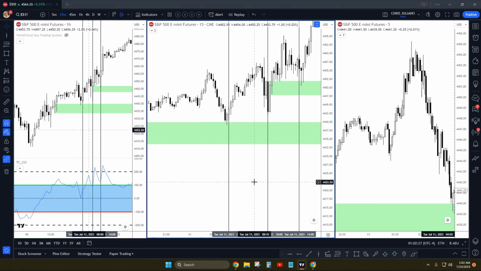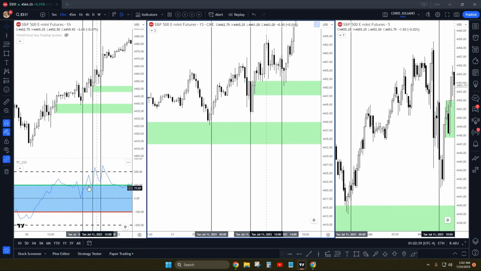So these areas of demand are safe to take. It's safe to take this because, look, right here, it pulls back into the blue box, doesn't go below that negative 100. Pulls back into the blue box, you're safe to take this trade. This one pulled back into this demand zone.